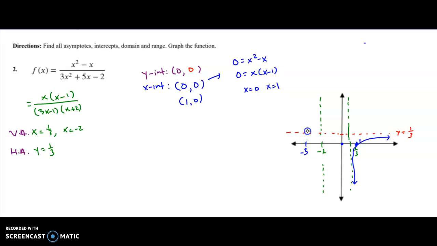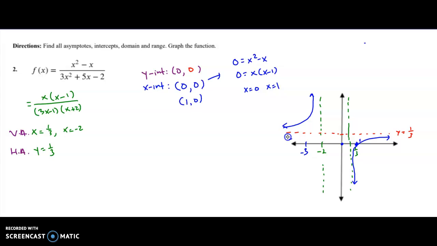All right. When you plug in -3, if you get a y value higher than 1/3, then you know that the curve has to be up here. If you get a y value lower than 1/3, then you know that it has to be here. Okay? So this one, for the sake of time, it does end up being in this region.